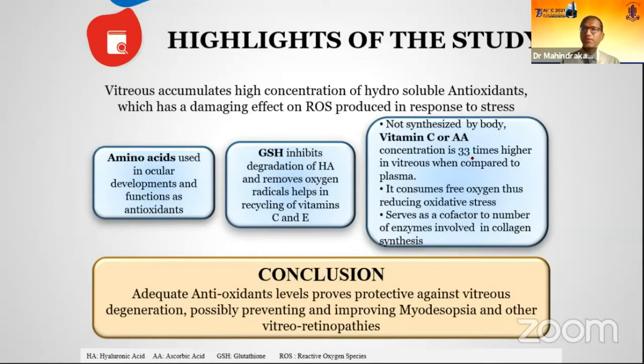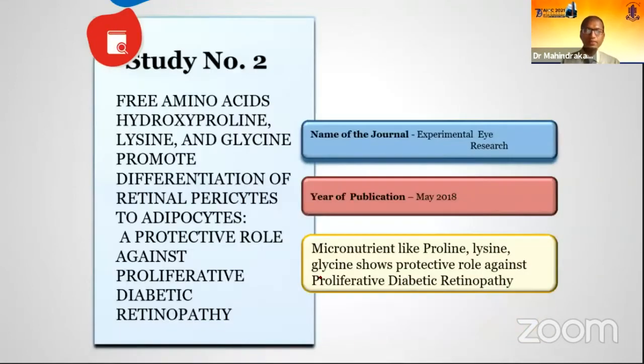Their concentration is 33 times higher in vitreous when compared to plasma. It consumes free oxygen, thus reducing oxidative stress, and serves as a cofactor to a number of enzymes involved in collagen synthesis. So what is the conclusion? Adequate antioxidant levels prove protective against vitreous degeneration, possibly preventing and improving myodesopsia and other vitreoretinopathies.